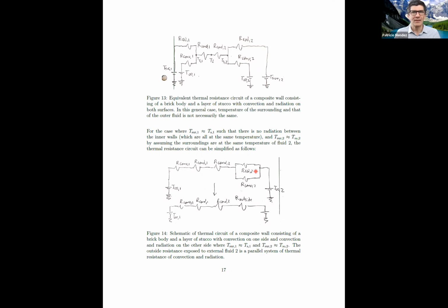The reason is that the losses by radiation would be T of the surface minus T surrounding. And when the T surrounding is the same as the T of the surface, it is one T to the 4 minus the same T to the 4. So there will be no losses by radiation inside, because in this idealized case, all the temperatures inside are the same. And if there is no temperature difference, there is no heat transfer by radiation.